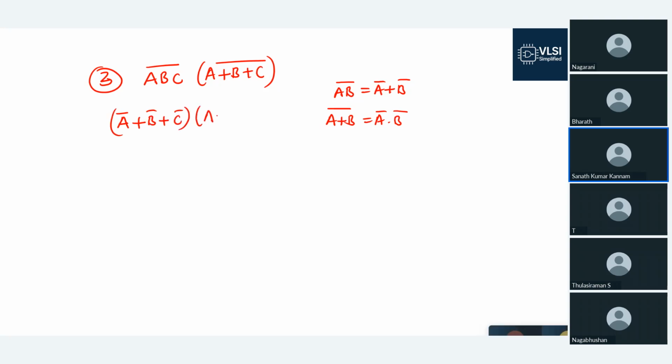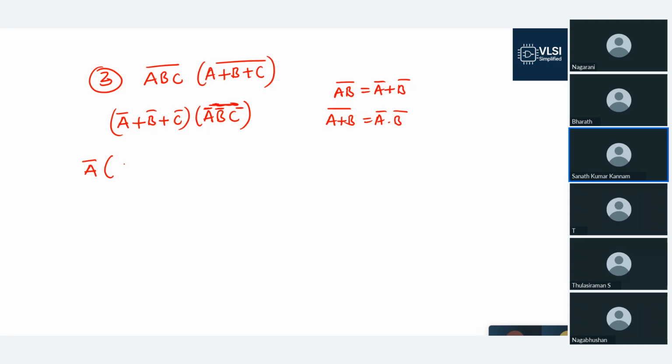Next, A, B, C whole bar. Okay. You multiply. So what you are getting? We'll get separately A bar, B bar, C bar.